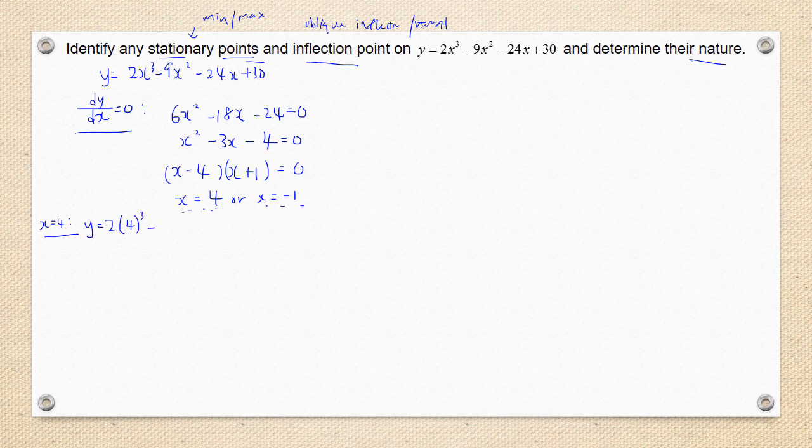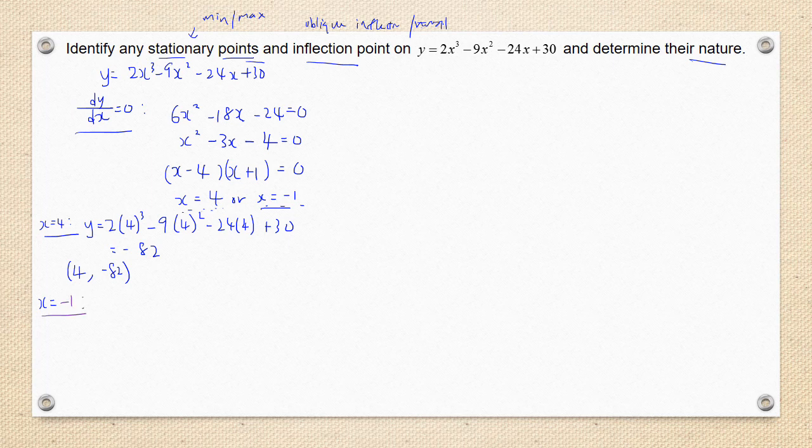4 to the power of 3 minus 9 times 4 squared minus 24 times 4 plus 30. You will get -82. So I have found my first point here, (4, -82). The second point happens when my x is equal to -1.